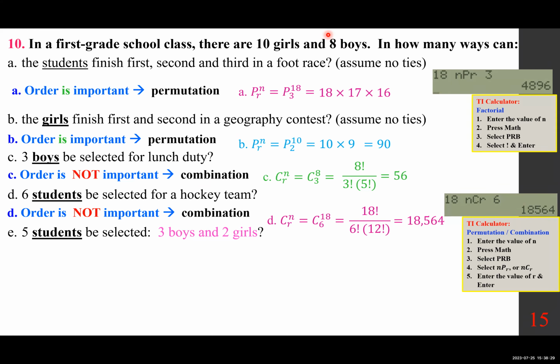From 10, we choose 2, combination. So the product of the 2.